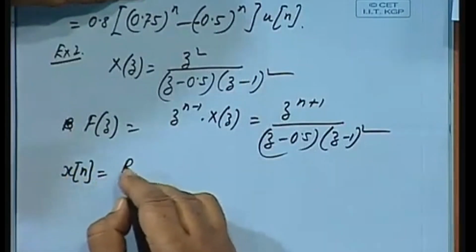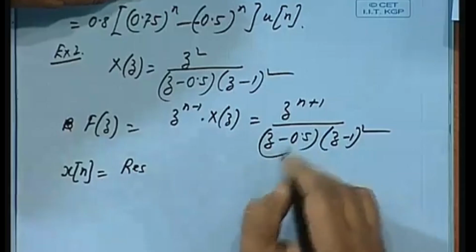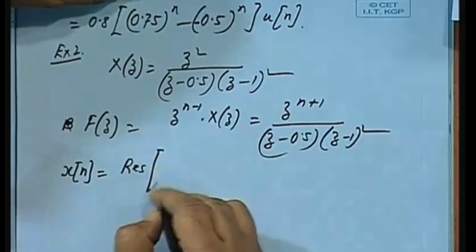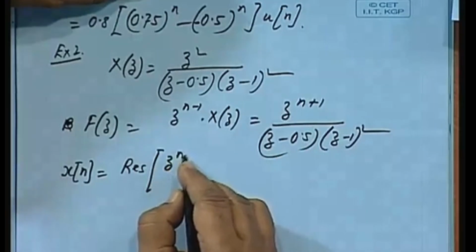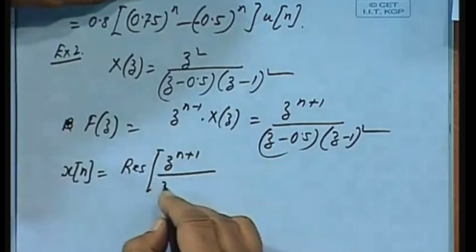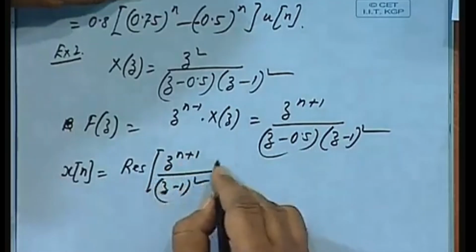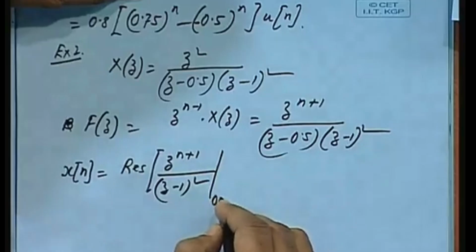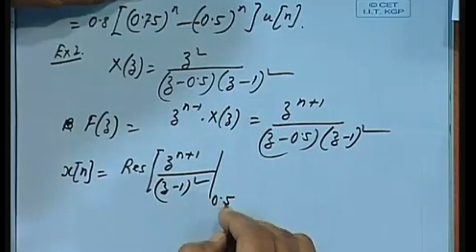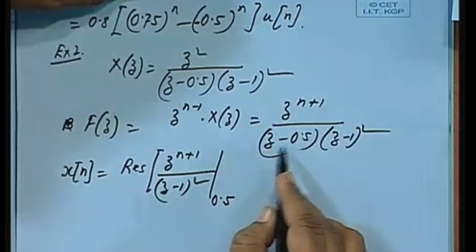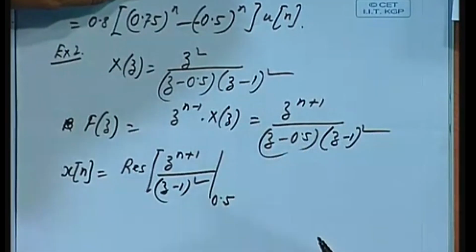So, x[n] will be the residue at the first pole. It will be z to the power n plus 1 by (z minus 1) whole squared, evaluated at this pole, z equal to 0.5. This is the first one. I will call this x1.